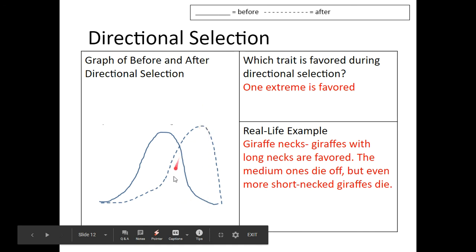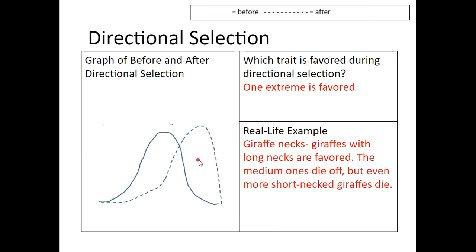Medium necks, I mean, they're doing a little bit better than the short neck giraffes, but overall, the only trait that's really being successful is the longest necked giraffes. So we have directional selection. Basically, we are moving to just one of the extremes being favored.